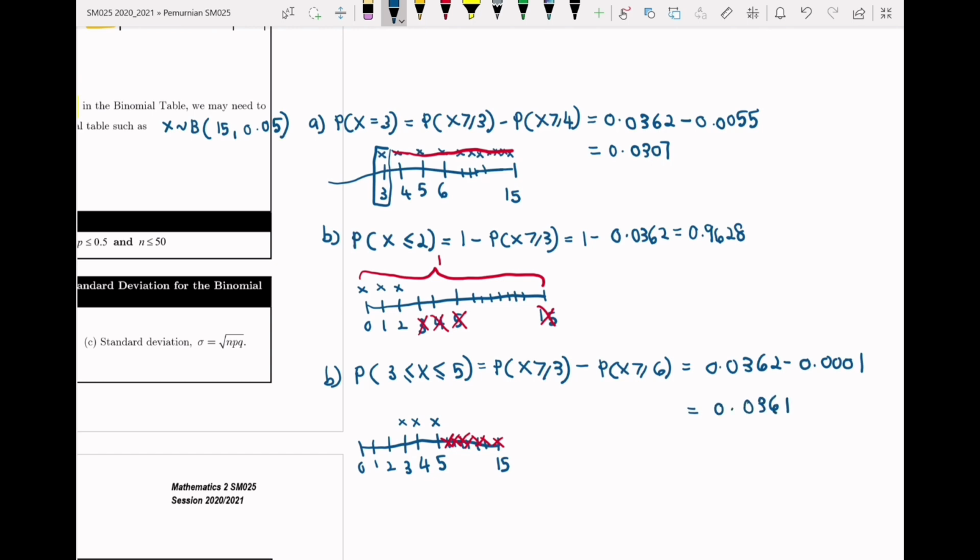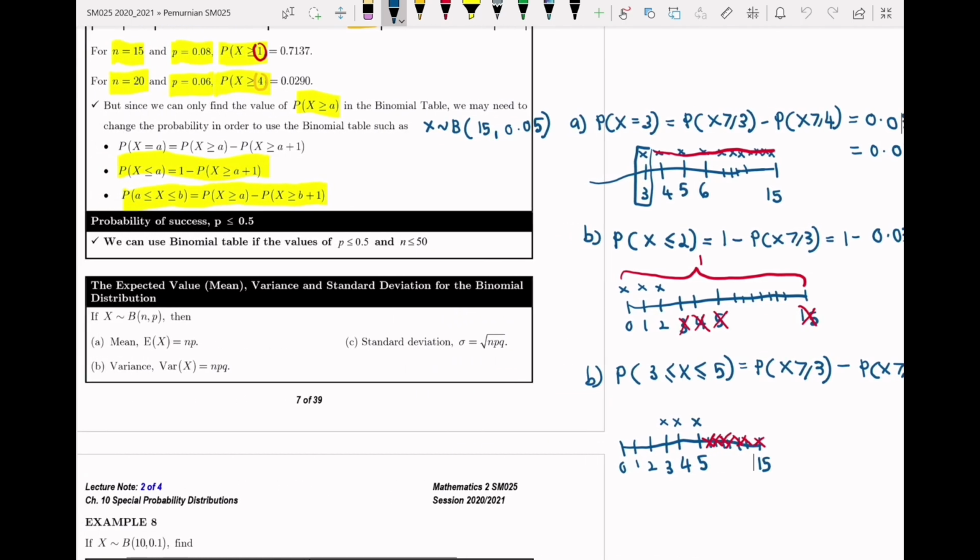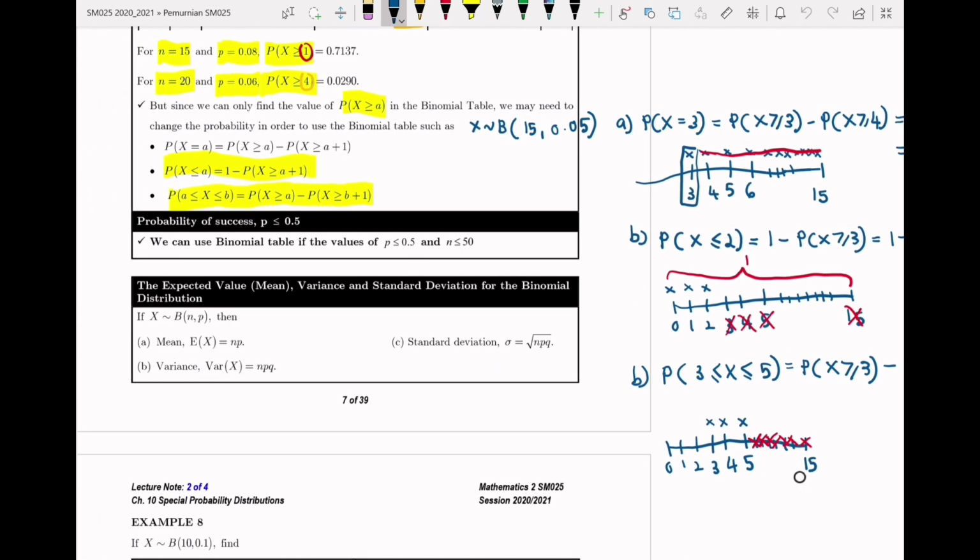Okay, so that is the method to find the probability if we don't have greater-equal. But remember, we can only use the binomial table if the probability p is less than or equal to 0.5 and n less than or equal to 50. If we have p greater than 0.5, we will use another method to solve. We will look at the example after this.